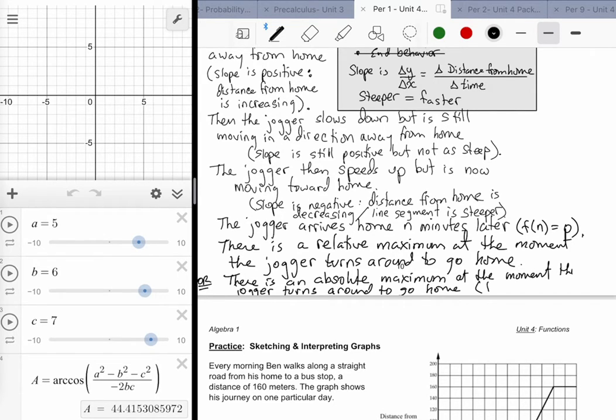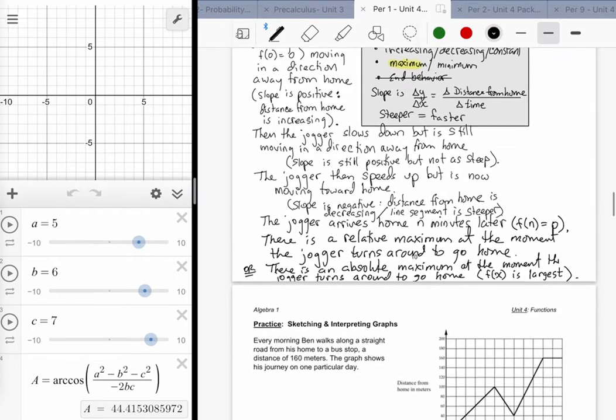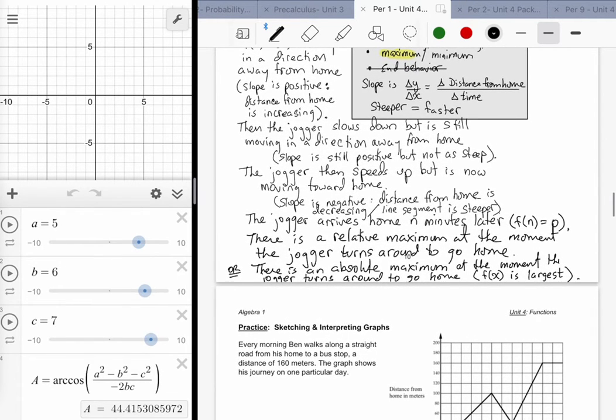And we would say f(x) is the largest value there at that location.